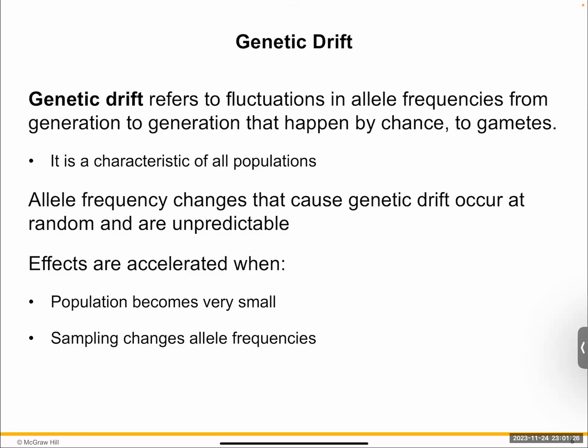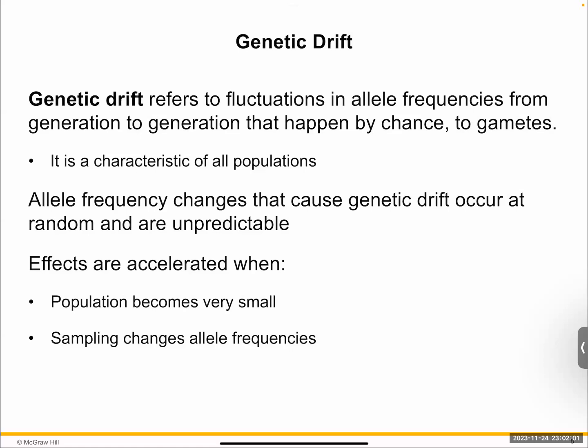It is very specific to populations and is present in all populations. The allele frequency changes cause a drift from one specific allele frequency to another. Because it's random, it can be unpredictable, so we cannot figure out exactly what is happening.